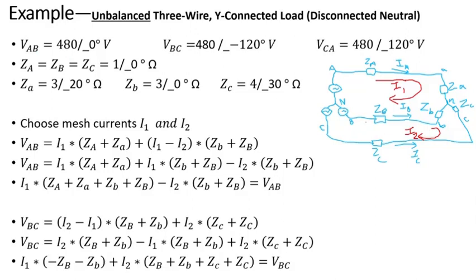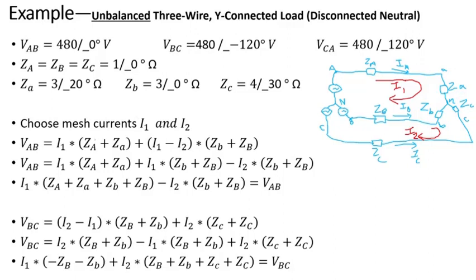I took the circuit and showed here's one mesh current, I1, here's I2. Then I wrote the mesh equation for VAB. If I start from A, B is here. Going from A, it's I1 times ZA, because it flows through uppercase ZA and lowercase za.